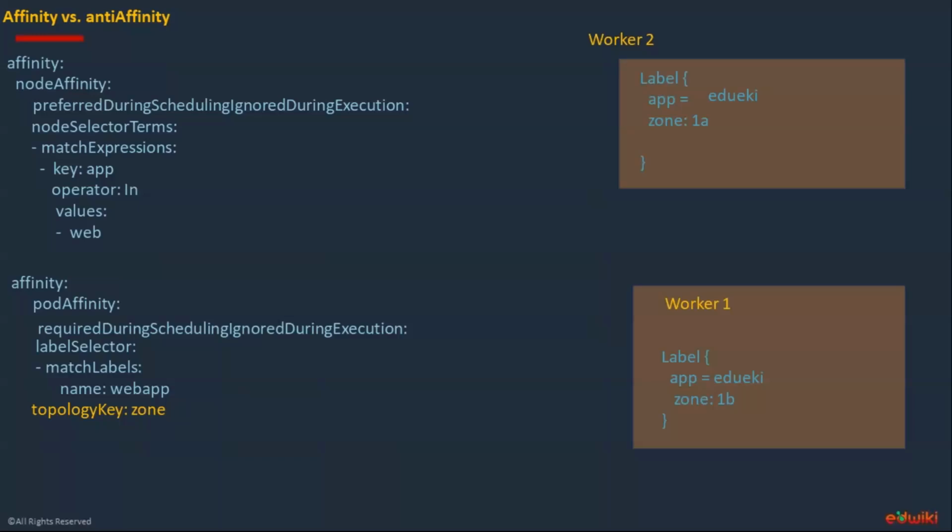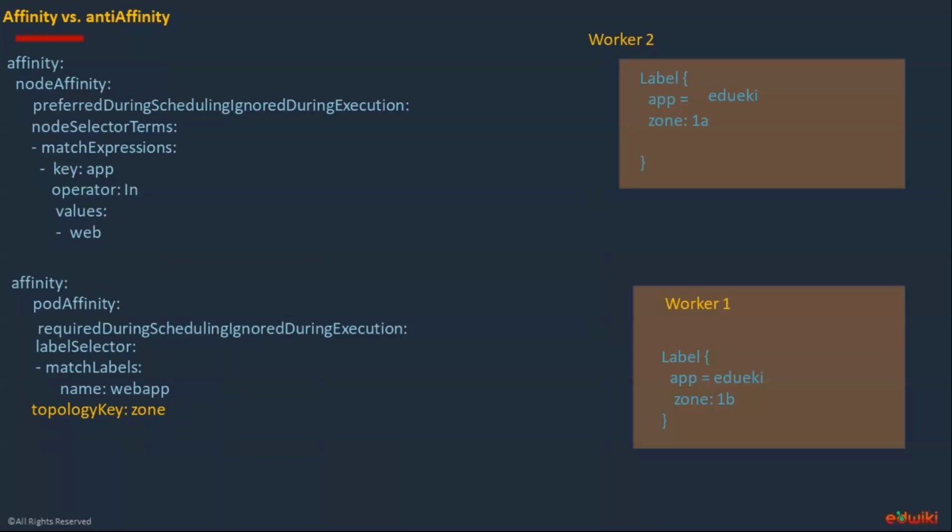If any existing pods have a label called name:web app, and here we see the label selector and the match labels. What are these labels, guys? Is this the labels of a worker node or the labels of a pod? These are the labels of a pod. Which pod, the one it is trying to deploy or the existing pods? These are the labels of the existing pods.